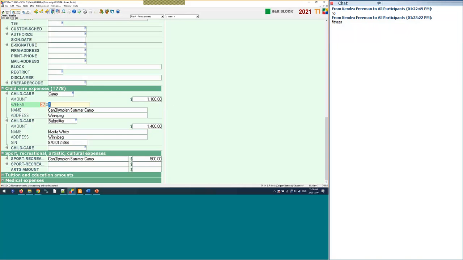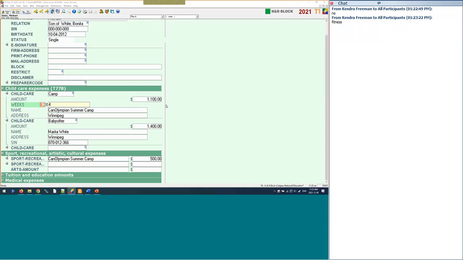I subtracted 500 from my receipt for camp and added it in as a sports fitness amount of 500 for Rosita, so my receipt is not double claiming. I'm only claiming the maximum I can for childcare, and then I have a $500 receipt.